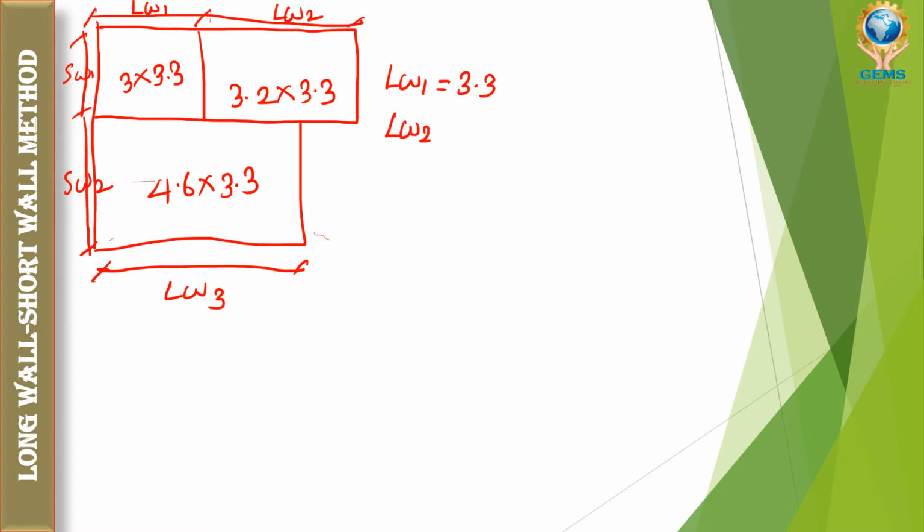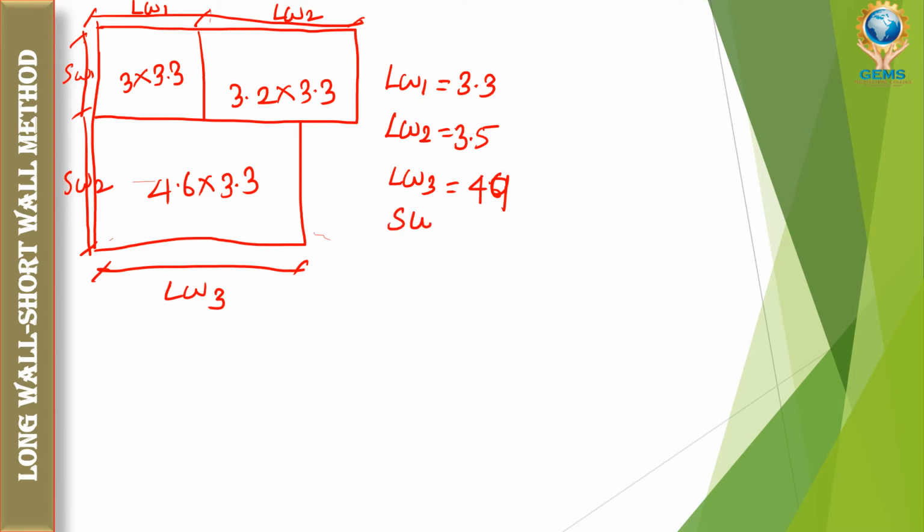Then LW2 is this portion: 3.2 is the breadth, so 3.2 plus 0.3 is 3.5. Then LW3 is 4.6, so 4.6 plus 0.3, and your answer is 4.9. So these are LW1, LW2, LW3.